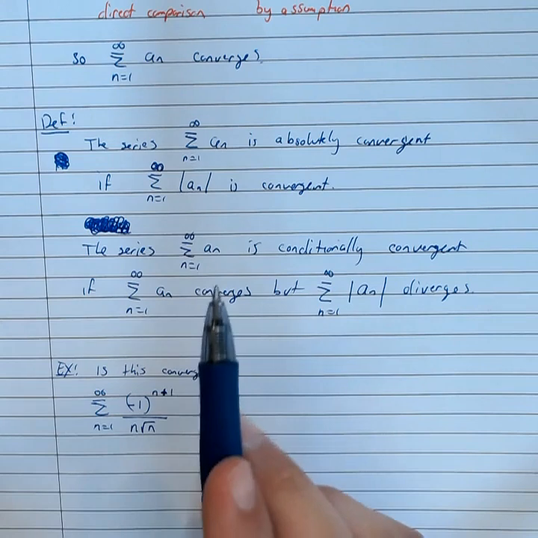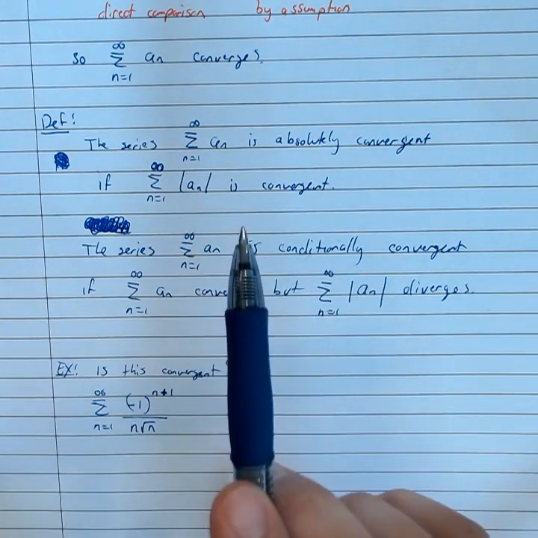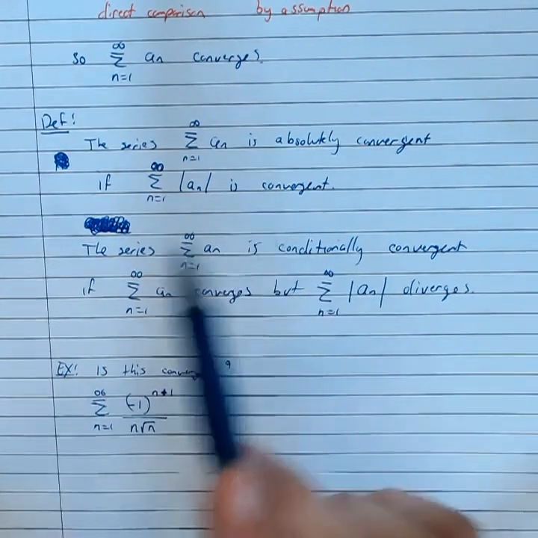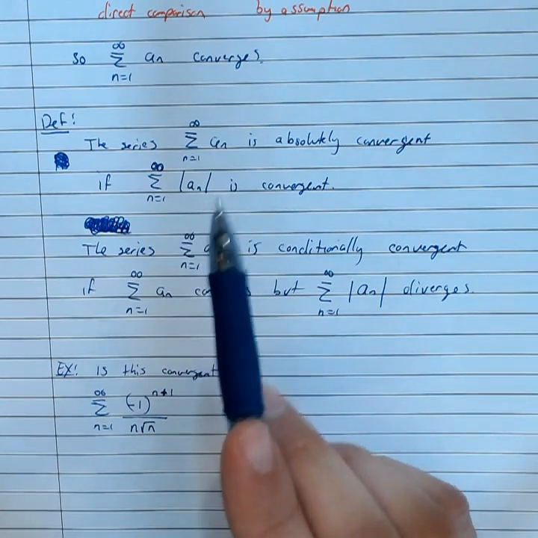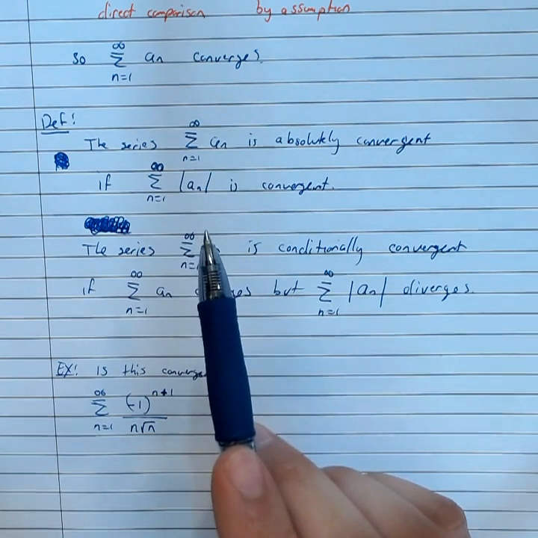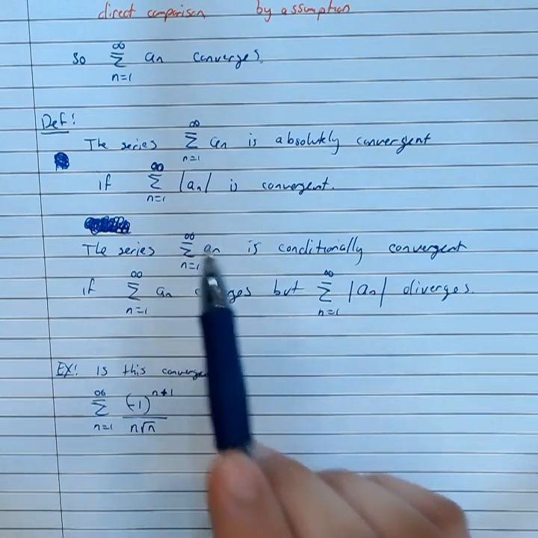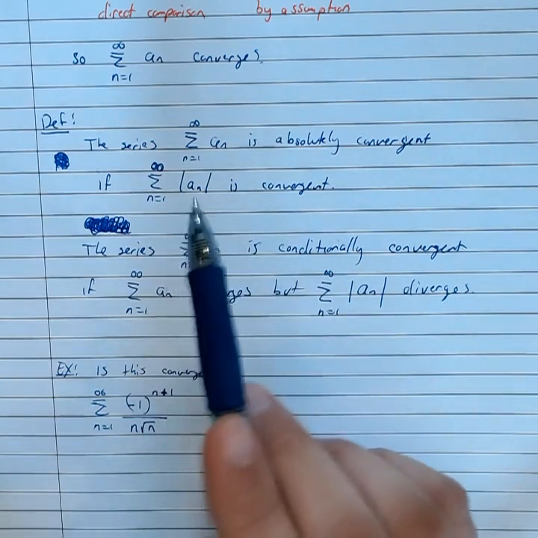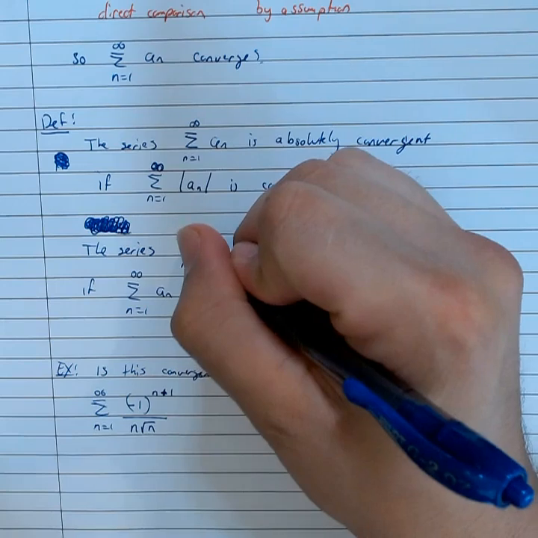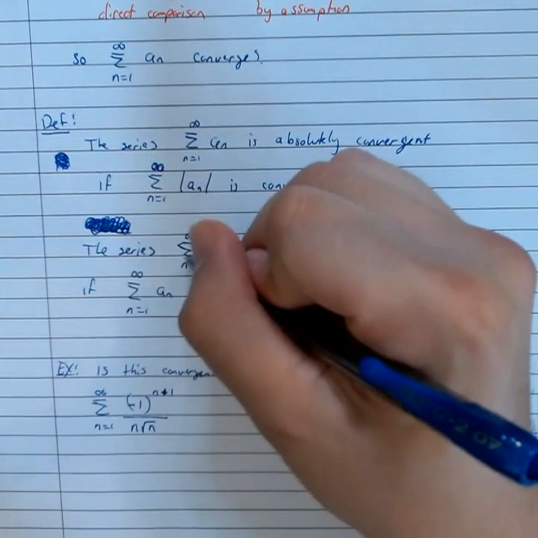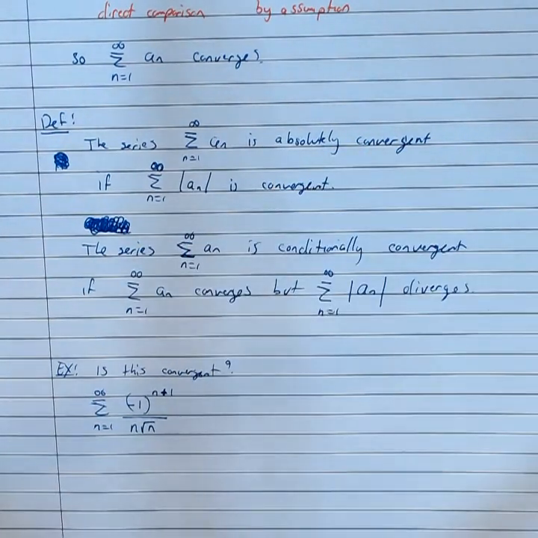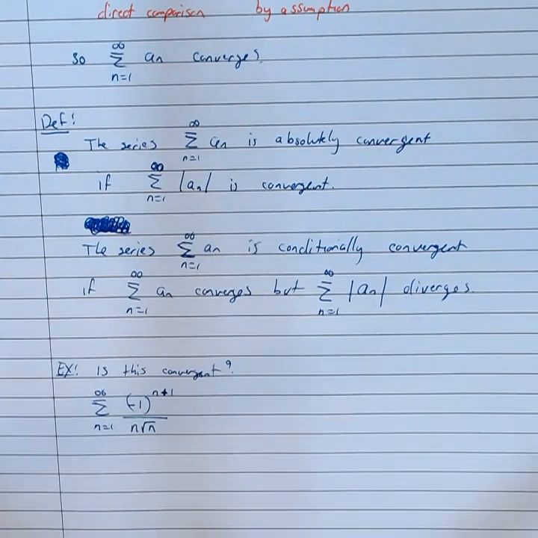So you could talk about absolute convergence, but the negatives are either not there to begin with, so the absolute value wouldn't do anything, or they're there for a reason. They're there to help cancel out some other terms, in which case taking the absolute value would give you a different kind of series, which would be a little harder to work with, in particular the case of the telescoping series.